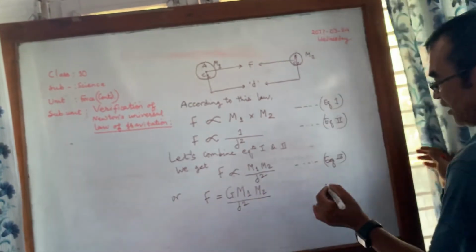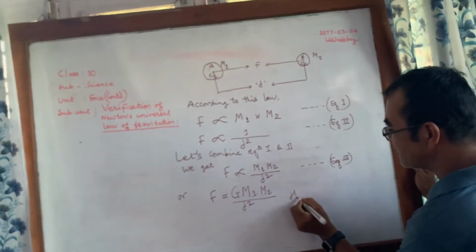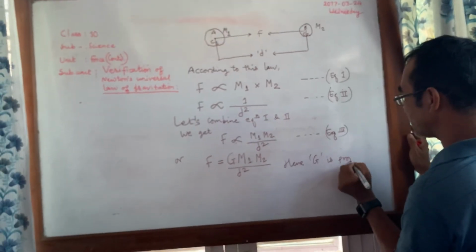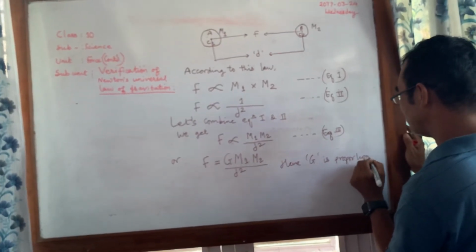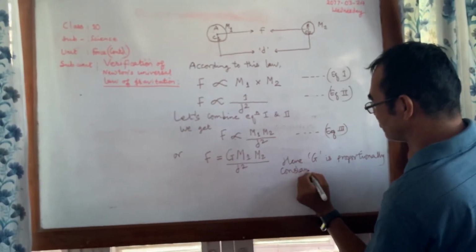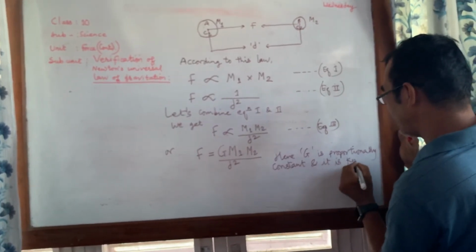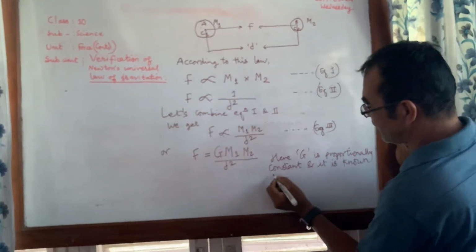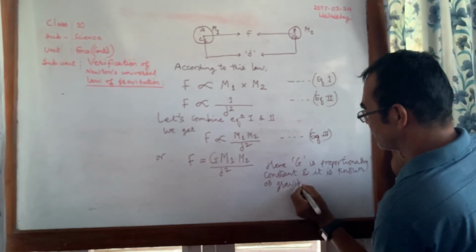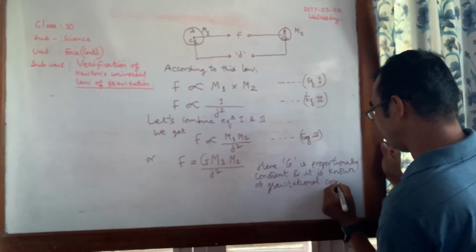So what is capital G here? Here capital G is the proportionality constant, and it is known as the gravitational constant.